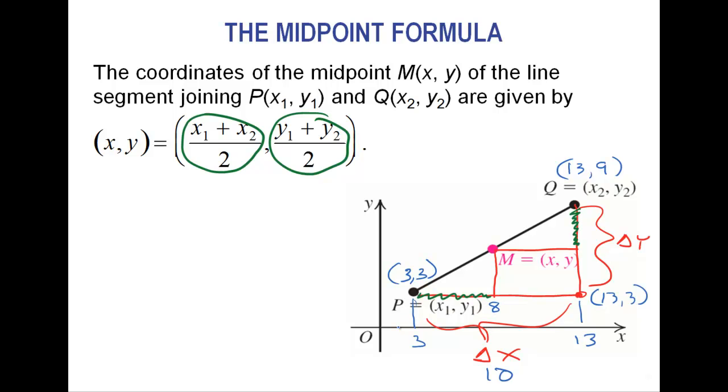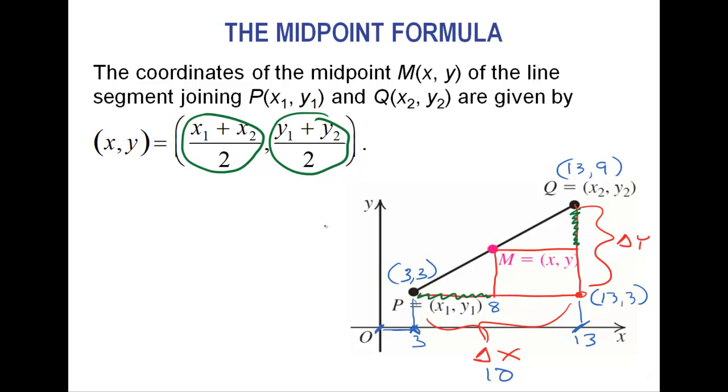Well, from the origin all the way to 13, that's a distance of 13, right? And then from 0 to 3, here to here, that's a distance of 3.